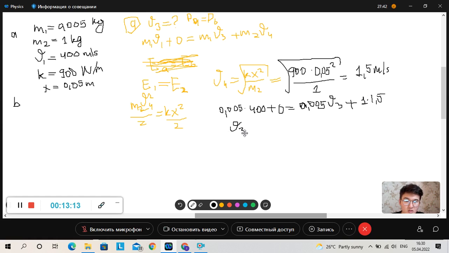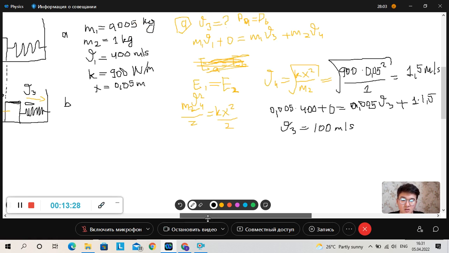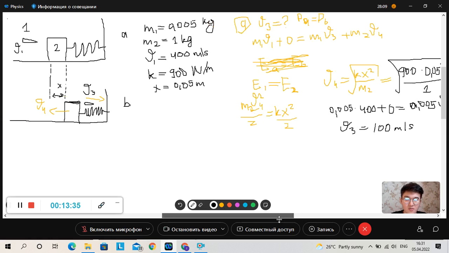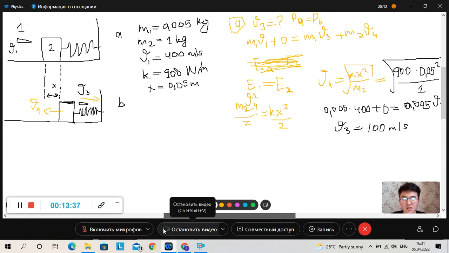So v3 will be 100 meters per second. I found the velocity of the bullet after collision.